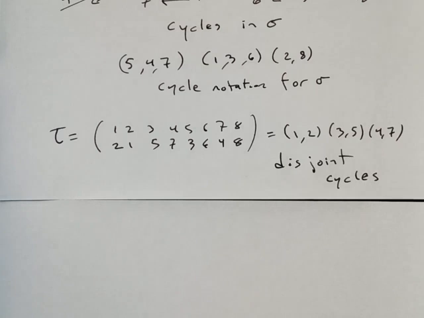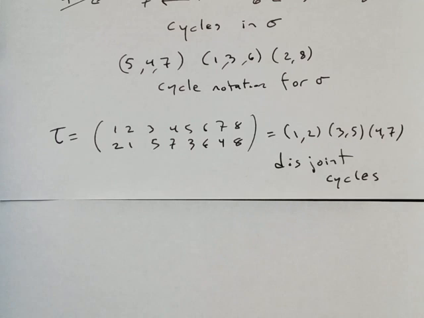What I'm doing to 1 and 2, switching them back and forth every time I do tau, does that affect what I'm doing to 5 and 3? 1 and 2 doesn't care what 3 and 5 are doing, right? 3 and 5 doesn't care about what 4 and 7 are doing. None of them care about 6.